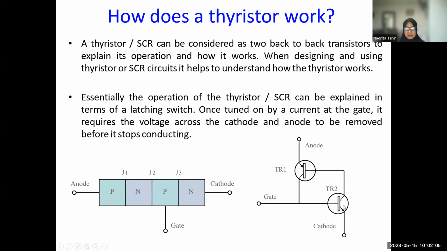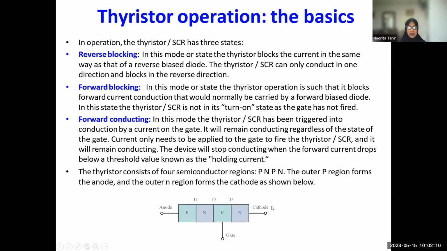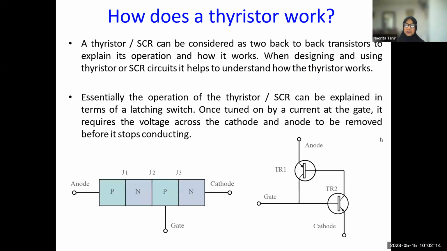It has anode and cathode and the gate. And what happens there? It will continue to conduct where once the gate is supplied with a voltage and it reaches the threshold, it will activate the base.